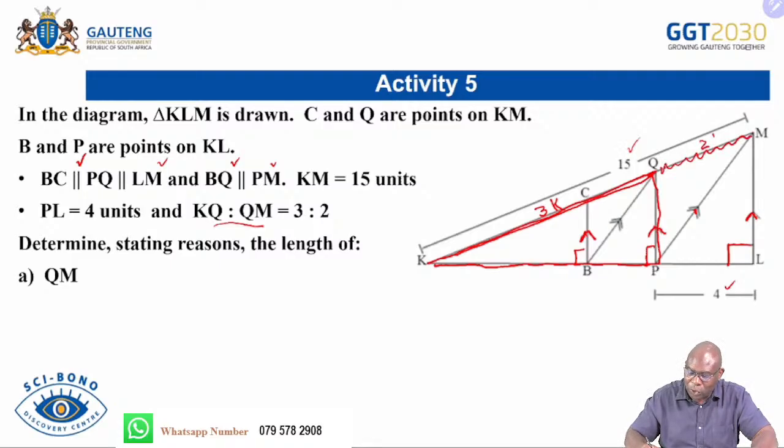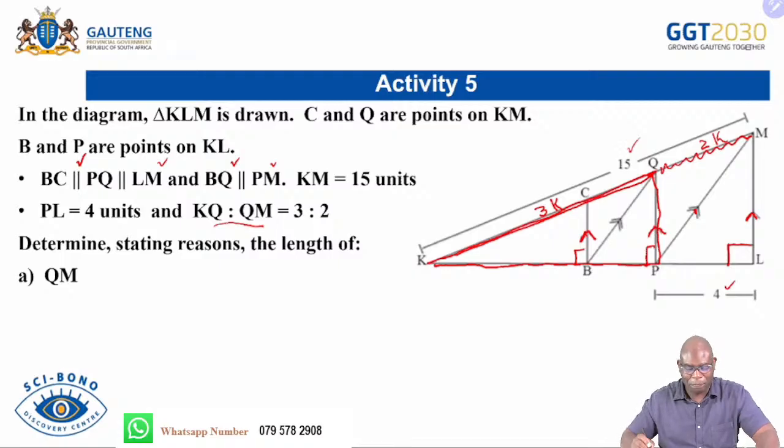So I'm going to write 2K because it is not the length. Because remember the length of that whole line is 15. So the part KQ is 3K and the part QM is 2K. Right. Now everything is on my sketch. I can now go to the questions because I've realized that there's no information missing.